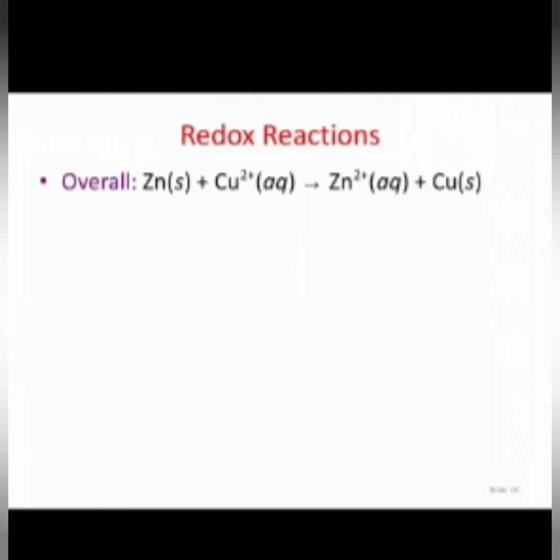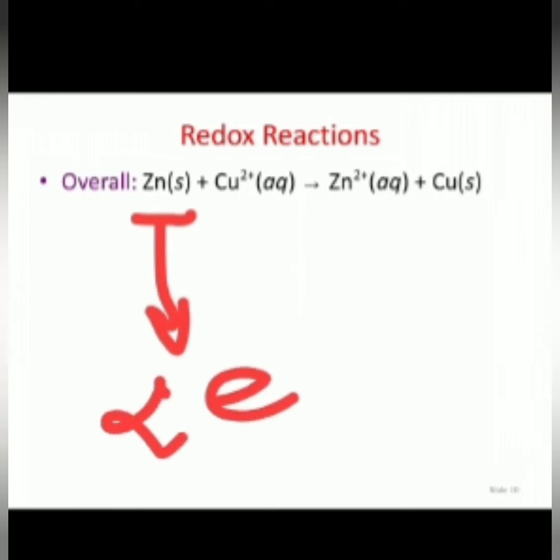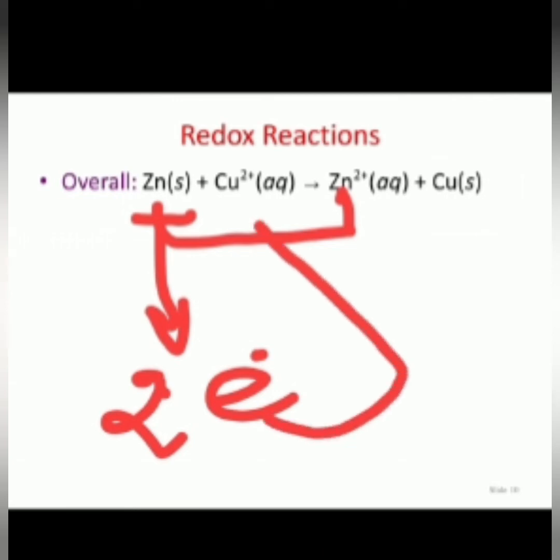Overall cell reaction for zinc and copper: Zn in solid form loses 2 electrons and is converted into Zn2+, and these 2 electrons go into the electrolyte of copper sulfate, and Cu2+ ions get 2 electrons to convert into copper solid.